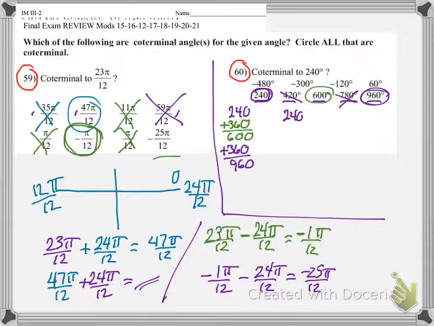Start with 240. Subtract 360. That is negative 120 degrees. I want that one. Wait, I just went from positive 240 to negative 120 without ever touching positive 60. Throw him out. And then I have negative 120. Subtract another full circle.